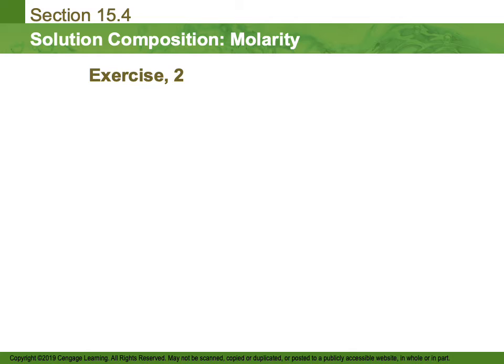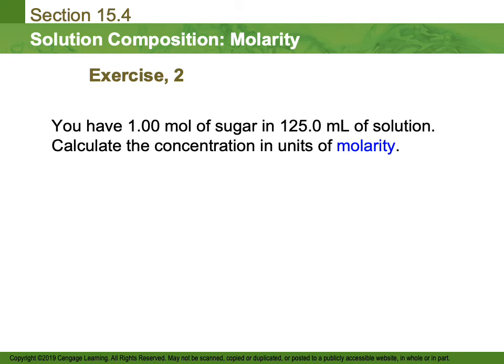In this exercise, we will find the molarity of a sugar solution that contains 1.00 moles of sugar in a total volume of 125 milliliters of solution. Since molarity is calculated as moles per liter, the first thing we have to do is convert the volume from milliliters into liters. So you'll recall from our first chapter that there are 1,000 milliliters in a liter, so we can set up the conversion.